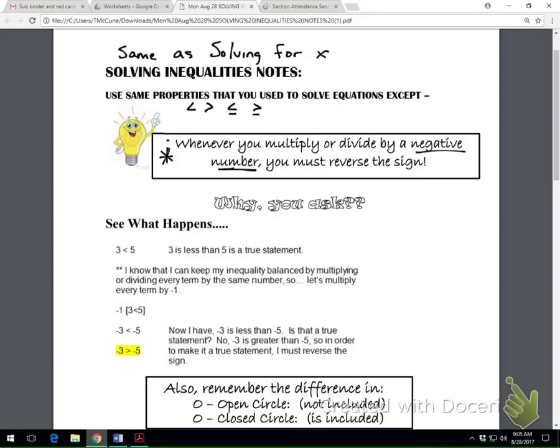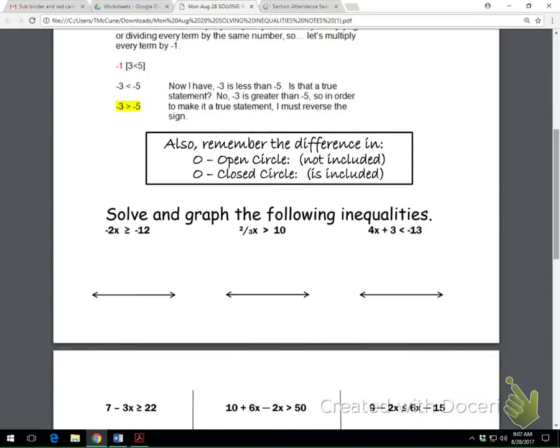Alright, so now go down here to where it says, also remember the difference in, and it says open circle. That means it's going to be an open circle. And then closed circle, which means it's going to be filled in. Now, if it's an open circle, here's your signs: less than or greater than. Those go with open.